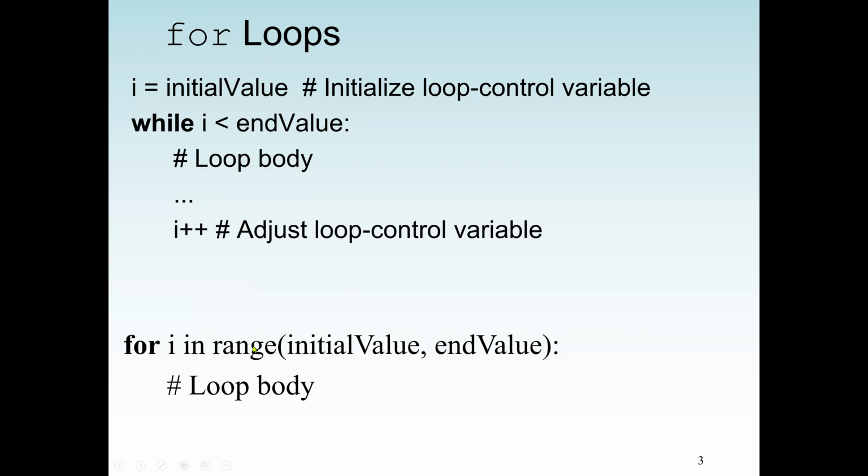What we have is we use the range function, and we're going to say that the loop should execute from 0 to 10, which means to execute as we specified. Then we have the loop body. So the for loop and the while loop here are the same. And both at the moment are counter-controlled loops.